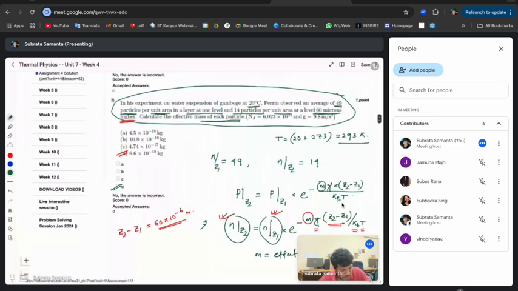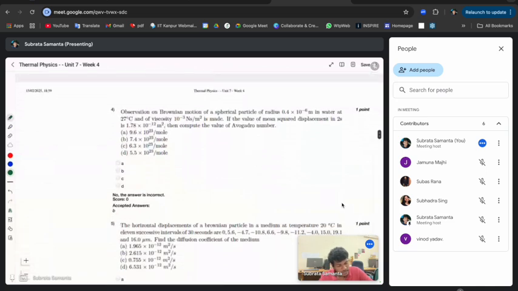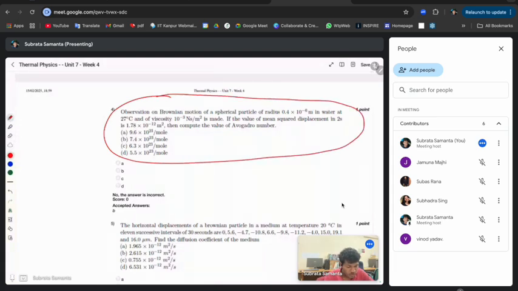This is 3, so the fourth one. Let's just mark this. Observations on Brownian motion of a spherical particle of radius. In this case the radius is given, so first note down what values are given.